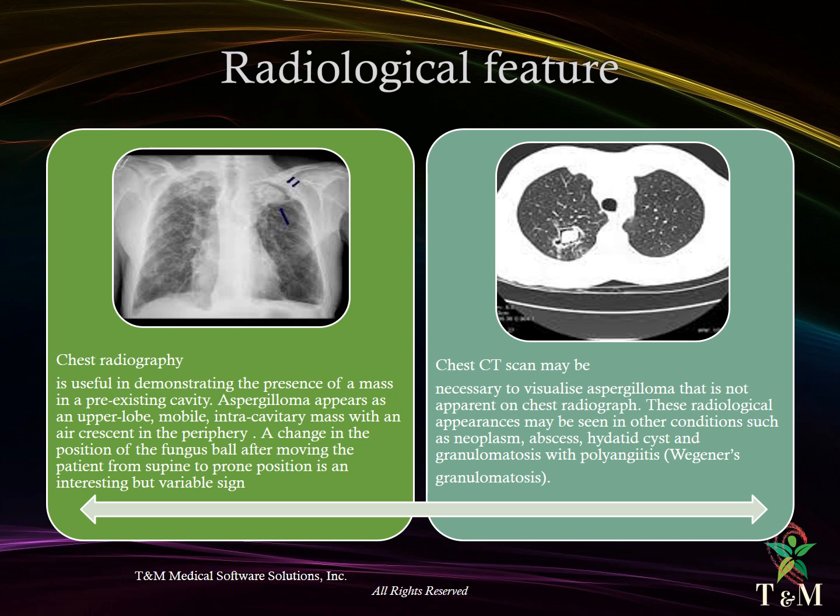Chest CT scan is necessary to visualize aspergilloma that is not apparent on chest radiograph. This radiographic appearance may be seen in other conditions such as neoplasm, abscess, hydatid cyst, and granulomatosis with polyangiitis, the so-called Wegener's granulomatosis.